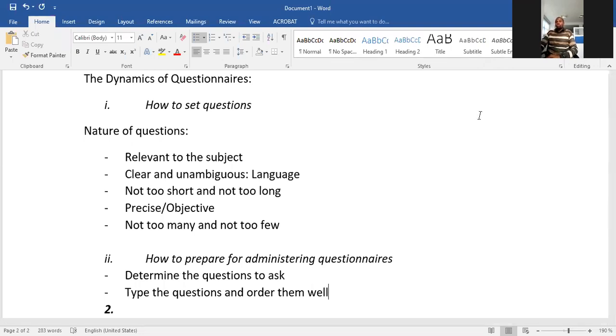Why are we talking about ordering questions? We are talking about ordering questions because you need to have those questions following each other in a manner in which one question is related to another, so that it makes it easy for the respondent to answer. And that's what you normally do even when you set your exams. We normally ensure that if we are setting chain or block questions, one question is related to another.